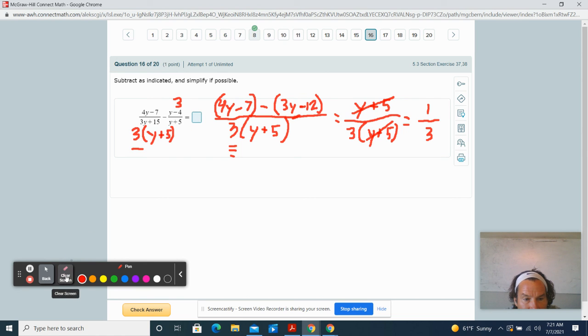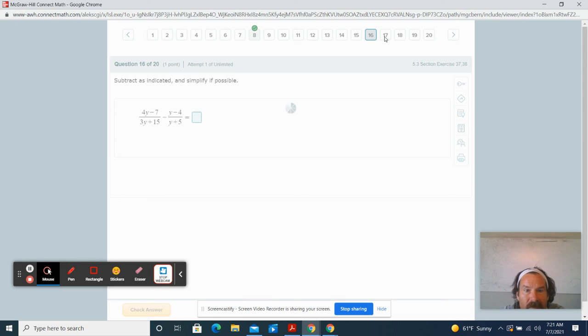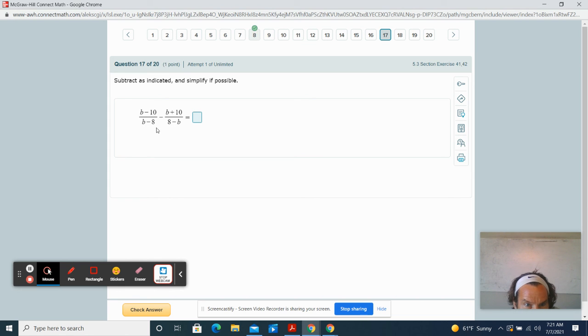Okay, last problem. Number 17. Again, it has denominators that are binomials, but these binomials are not factorable. However, these binomials are opposites of each other.